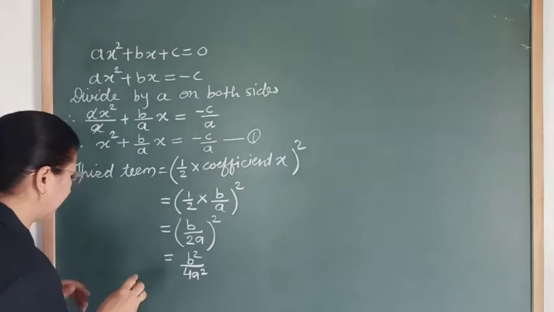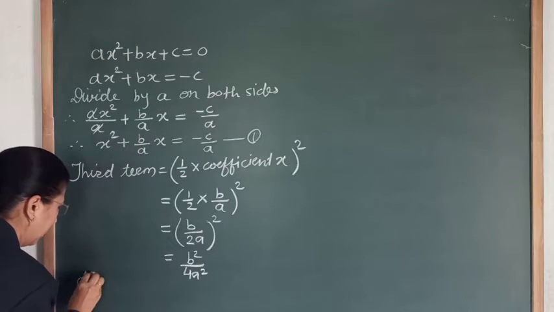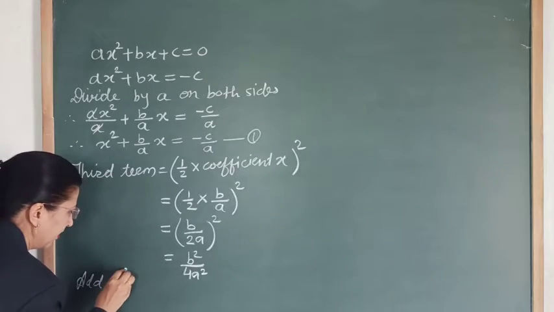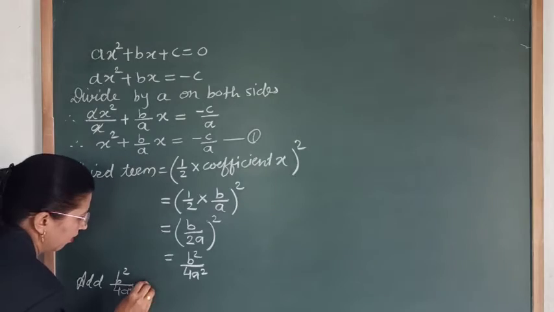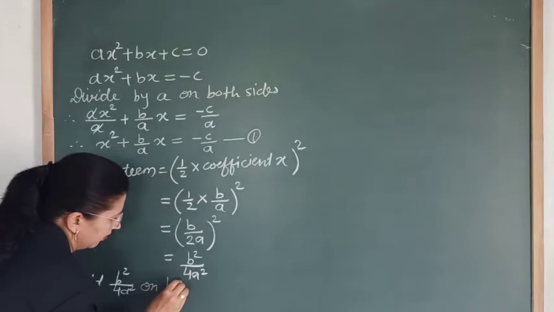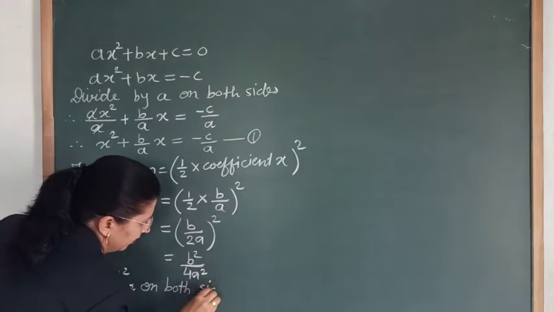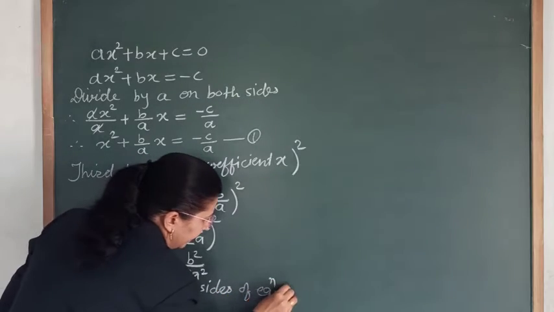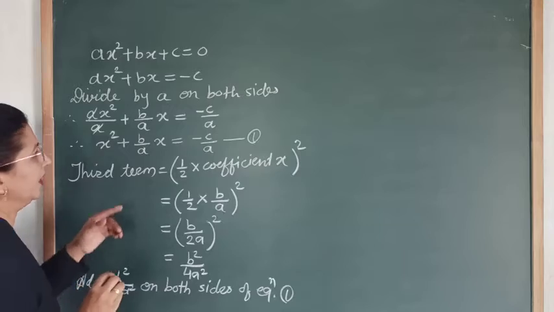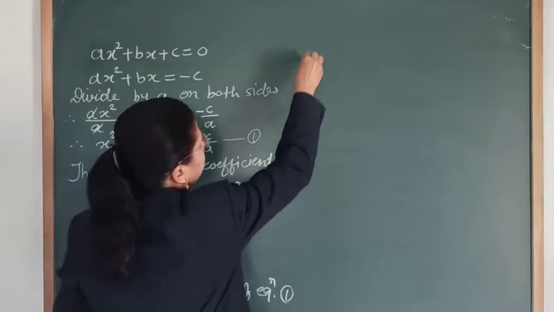Okay, so let's add this. Add b square upon 4a square on both sides of equation first.